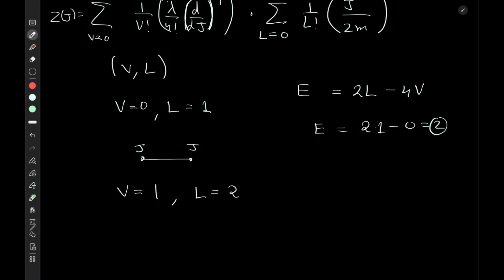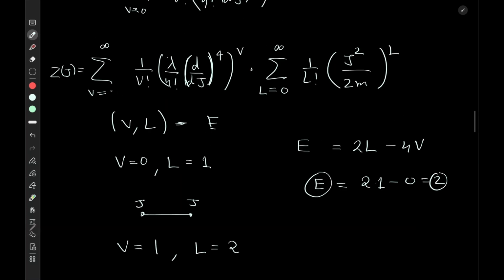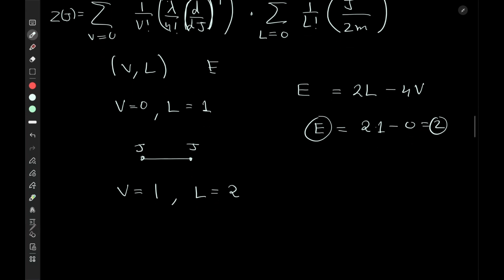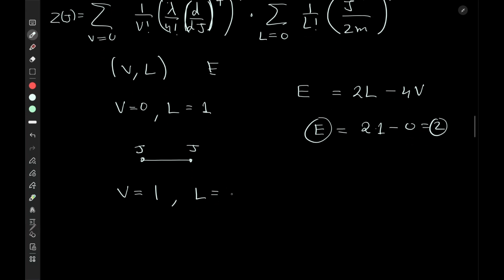And actually it is better if we use E, because there are 3 numbers, V, L, and there is another number E which is dependent on V and L. So we can either think in terms of V and L, which are directly manifested in this Taylor series, or we can think in terms of V and E. It is better to think in terms of V and E, because that will make the categorization easier.